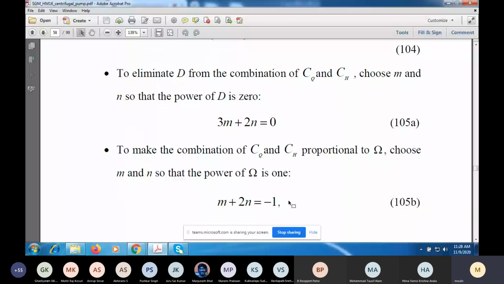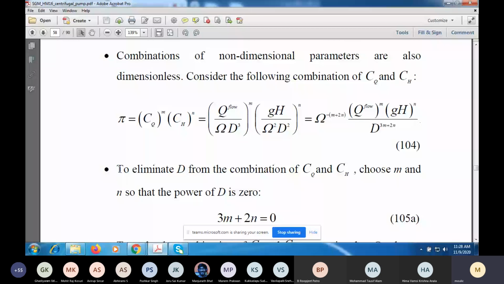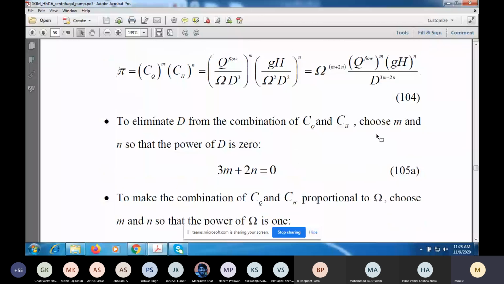So m plus 2n is minus 1. Then this combination will have omega raised to the power 1 times Q flow raised to some power into GH raised to some other power, and no d in it. Okay. So you can solve these two simultaneous equations.